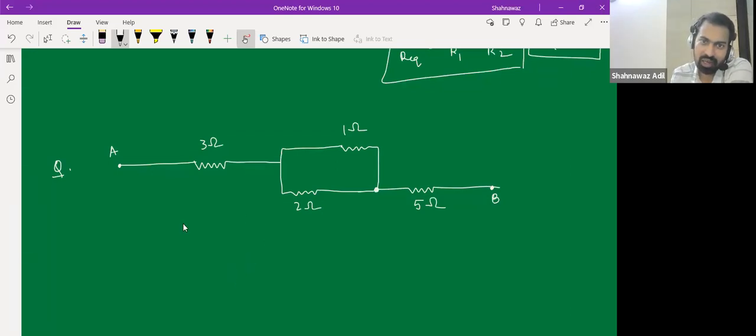First we will solve the parallel one. In this part, we have these points, this point and this point. So this is parallel to this one, right? Is that correct, guys?